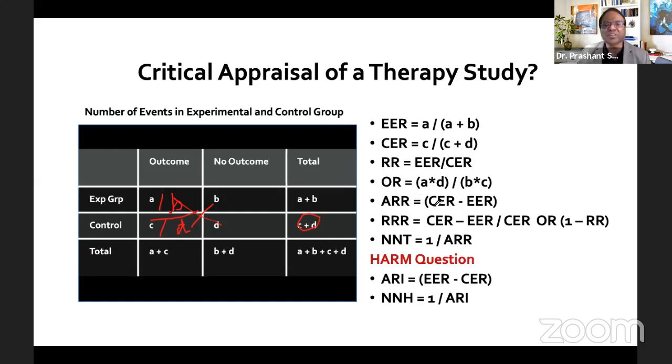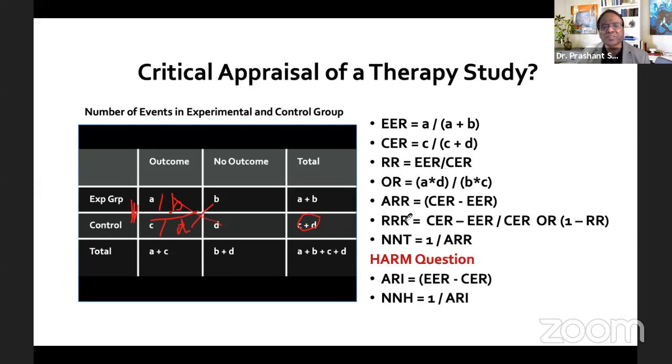Whereas the absolute risk reduction is nothing but the difference between these 2 event rates, experimental group and the control group. So CER minus EER, which will give you the absolute risk reduction.